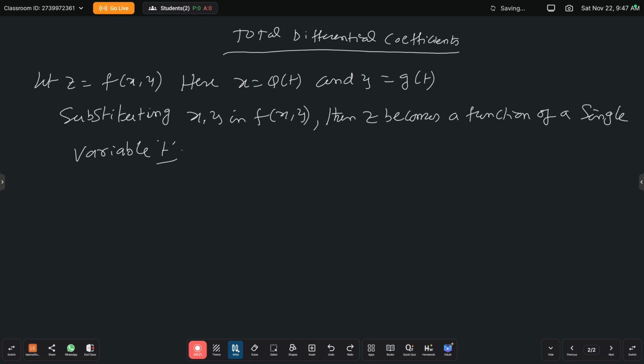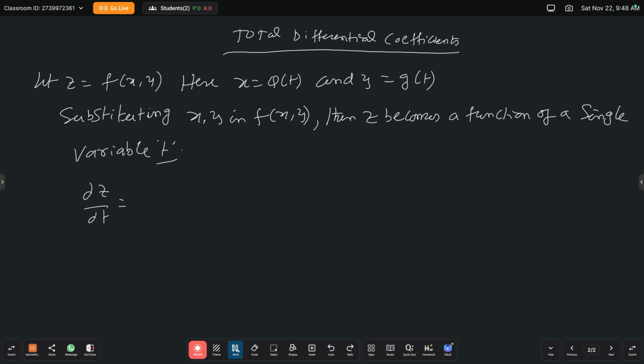So now z is equal to f of x comma y, then x is equal to phi of t and y is equal to g of t. Now substituting x comma y in the z function, z becomes a single variable, that is t. So now the dou z by dou t is called the total differential coefficient.